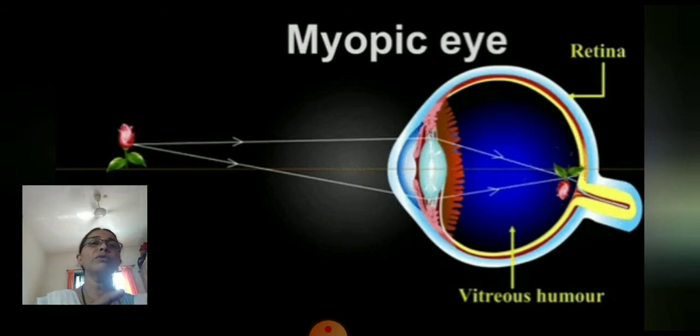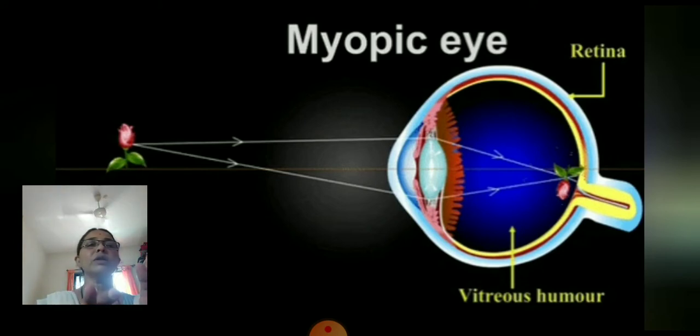Now let's see what a myopic eye is. You could see a rose flower which is very far, and a myopic eye cannot see these far objects clearly because the image is not formed on the retina, that is, on the screen; the image is formed before the screen.